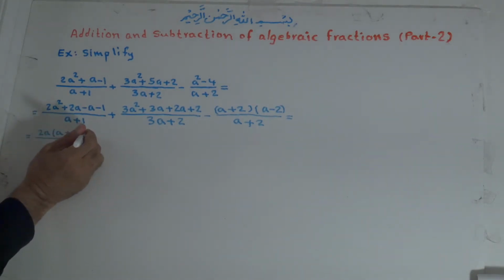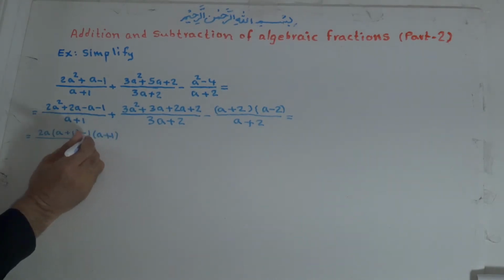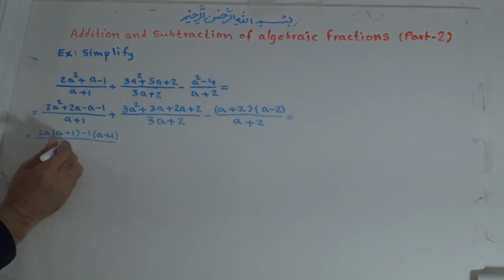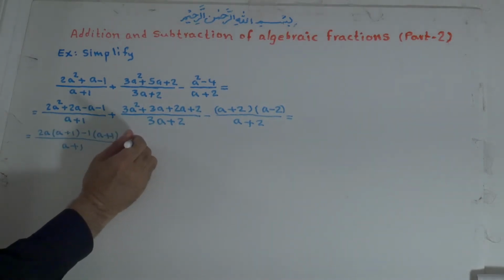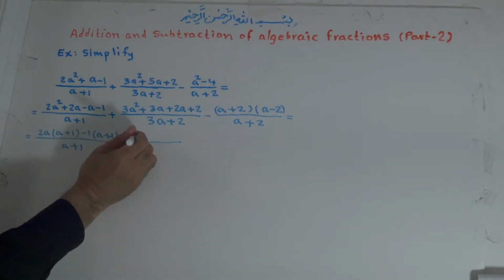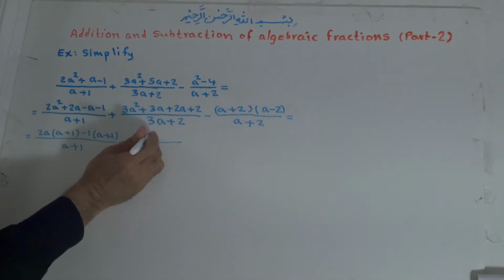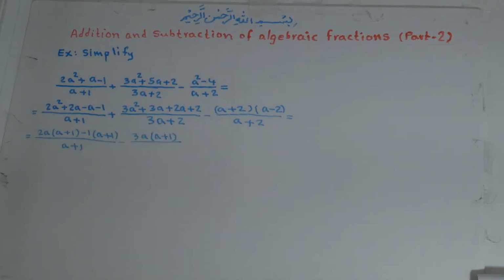And here, minus 1 is common: −1(a + 1), over a + 1. Minus, in this fraction take common 3 and a, remaining a plus 1. We know this from previous lessons on factorization.